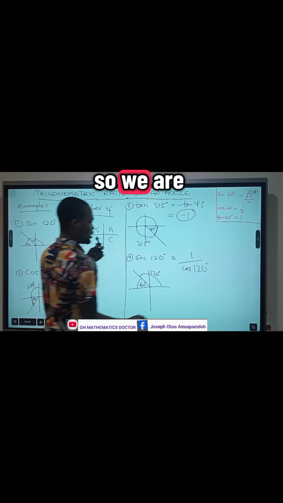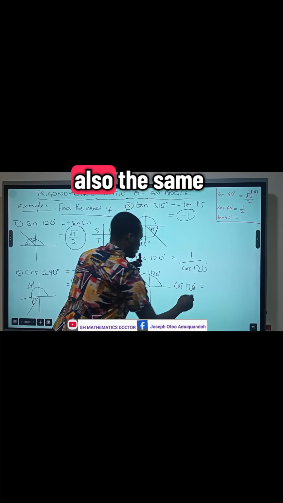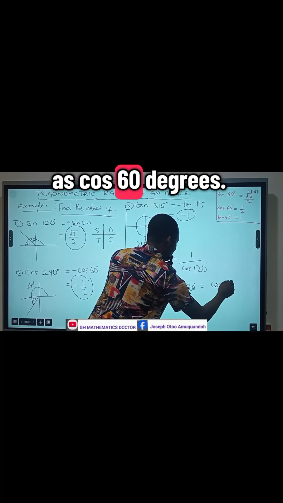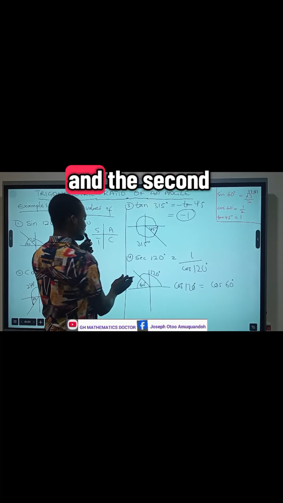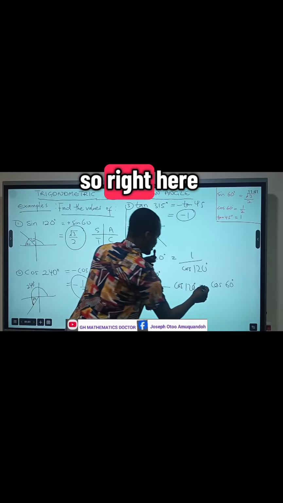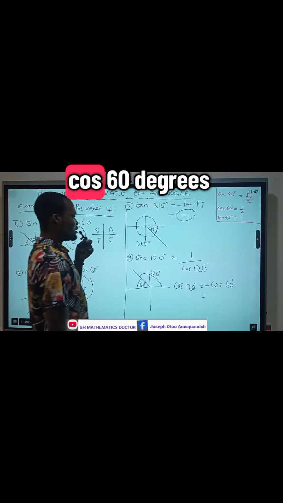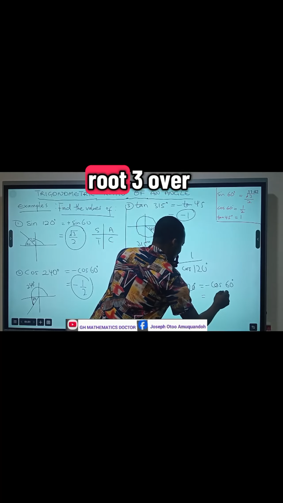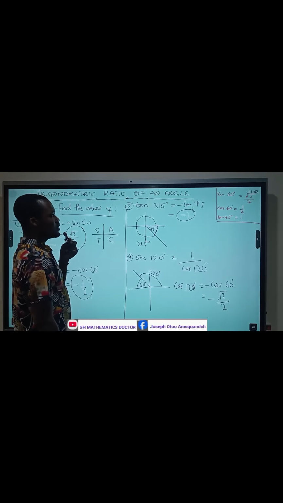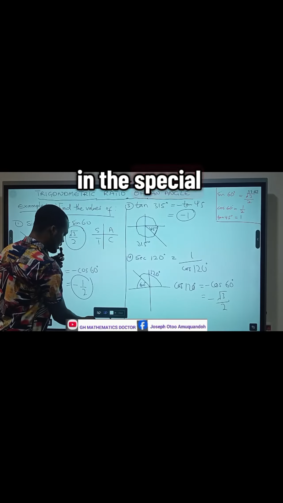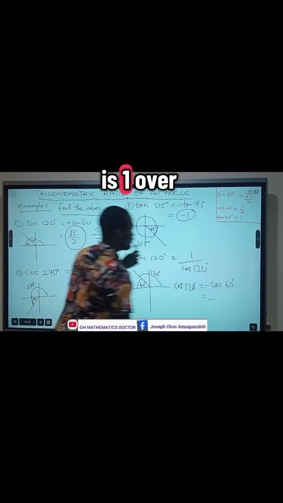So we are going to rewrite this: cos 120 degrees is also the same as cos 60 degrees. Now the region where it is found is the second quadrant, and in the second quadrant only sine is positive. So over here cos will be negative. By the use of the special angle table, cos 60 degrees is known as 1 over 2.